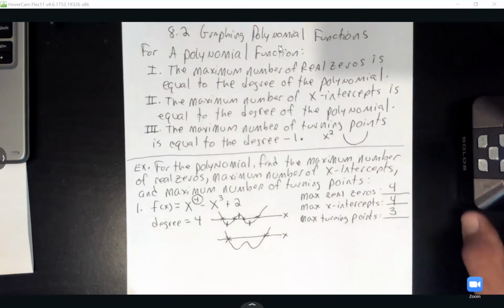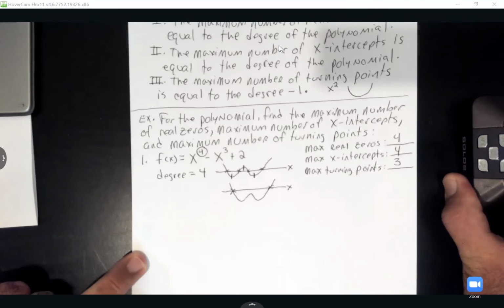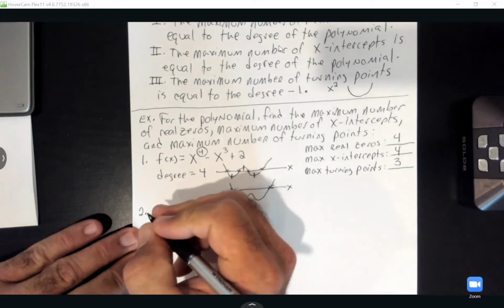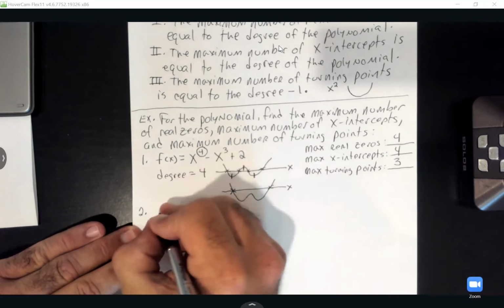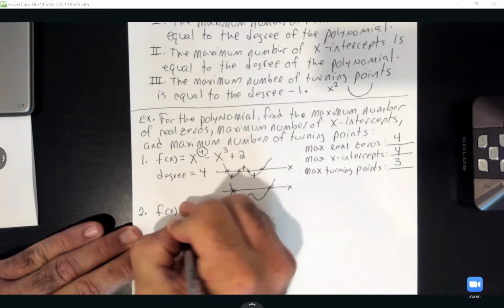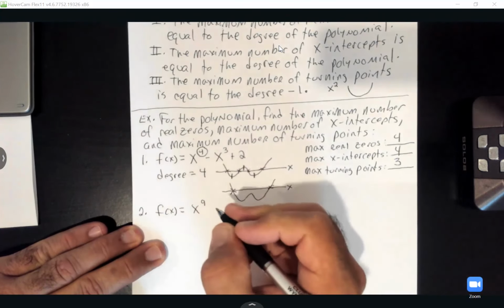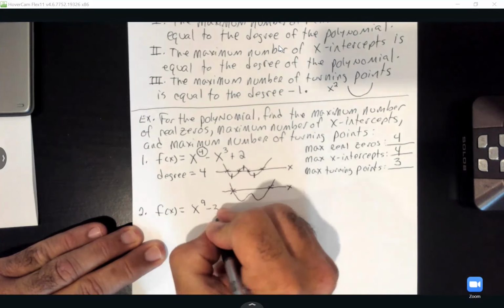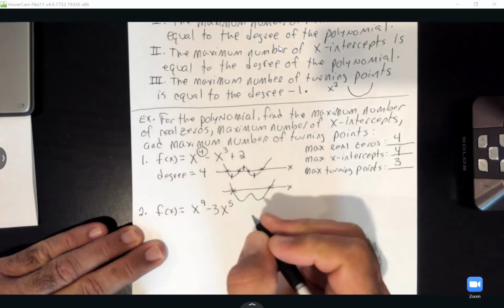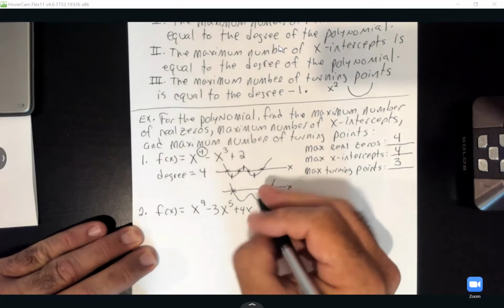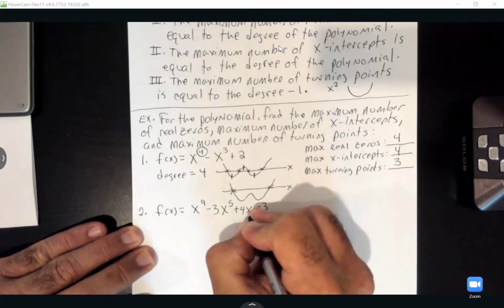All right, y'all, so hopefully them are making sense. So let's look at number 2 here. They're giving us f of x equals x to the 9th minus 3x to the 5th plus 4x minus 3.